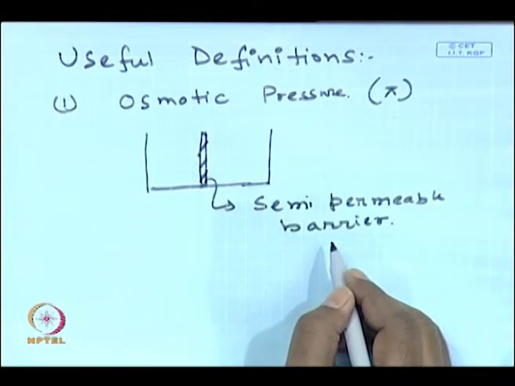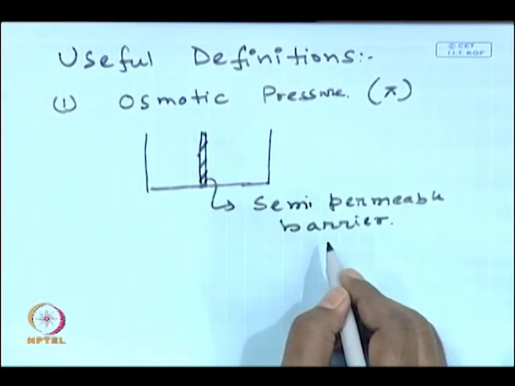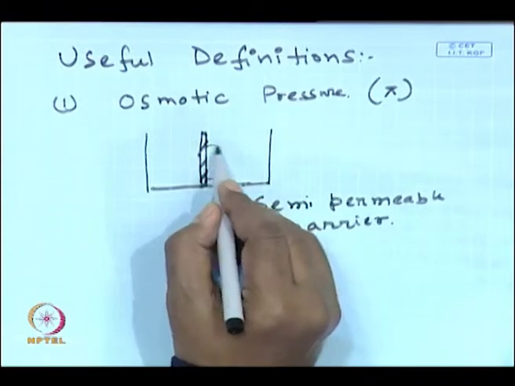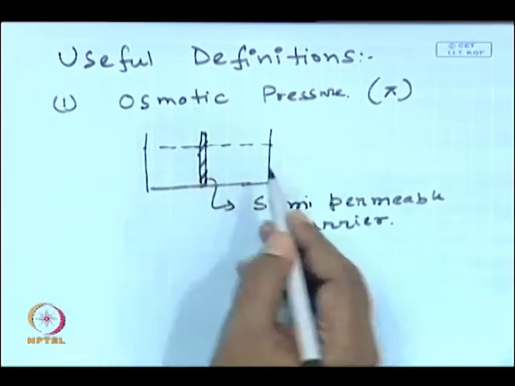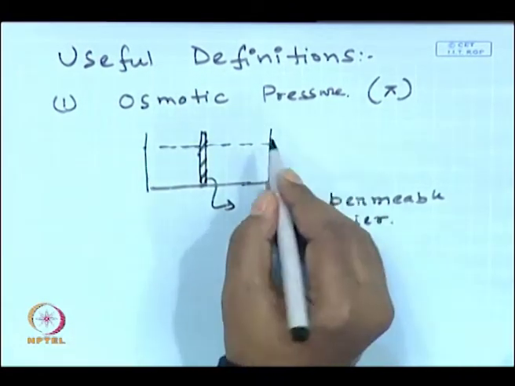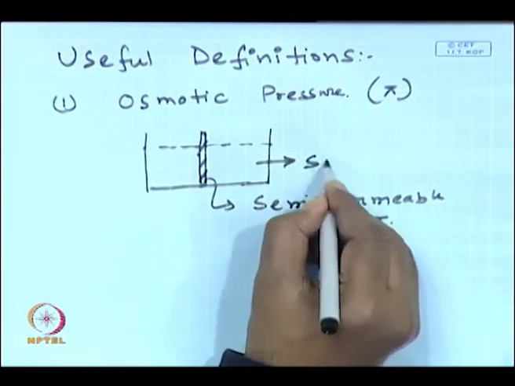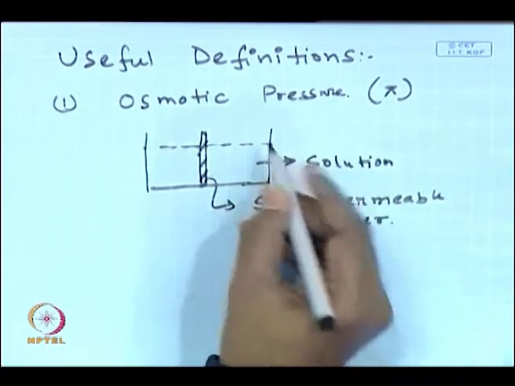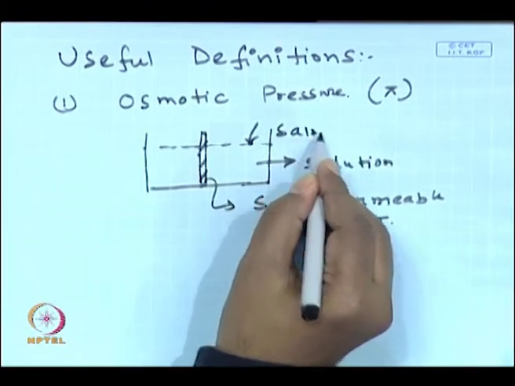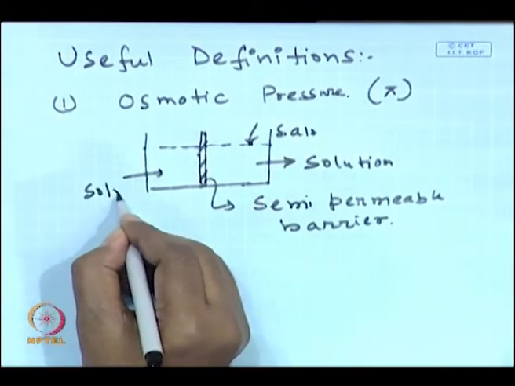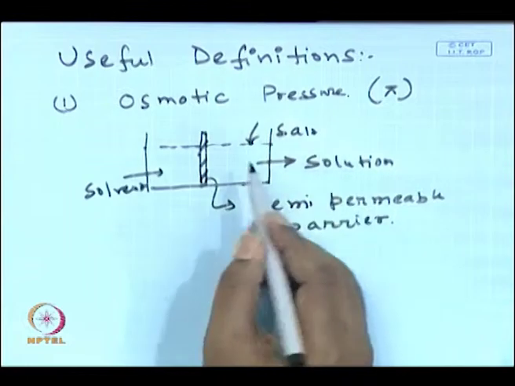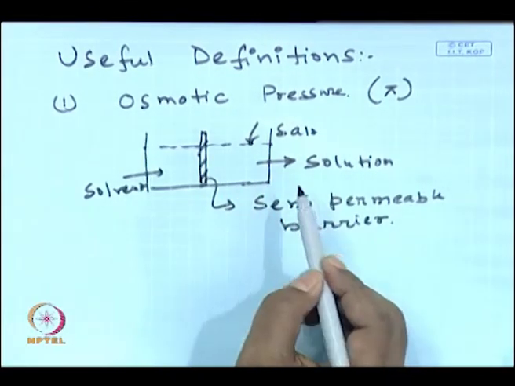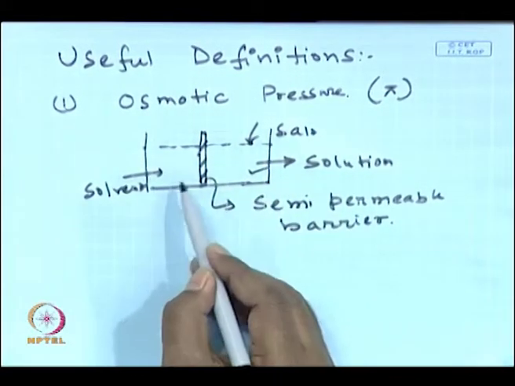That means it will allow water, but it will not allow salt, and we will have, let us say, the same volume of water in both the chambers. Then let us say this is the solution side, we add some salt here, and this is the solvent. Solvent is pure water.